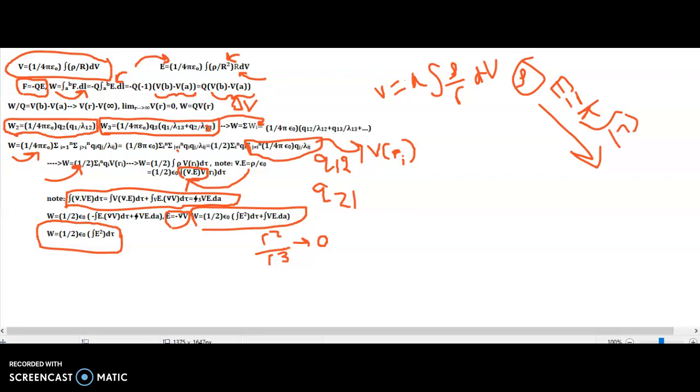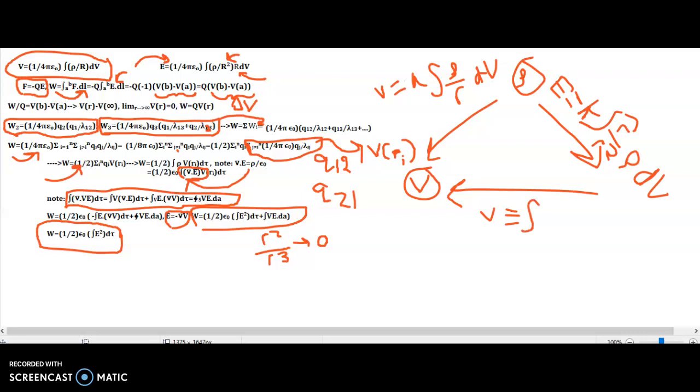R hat over r squared, rho, dv, and from here to here, of course, the charge to the scalar potential, and from the electric field I can of course get the scalar potential through this relation, dot dl, so this line integral over here.